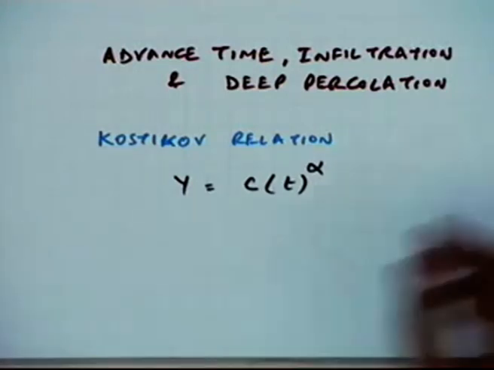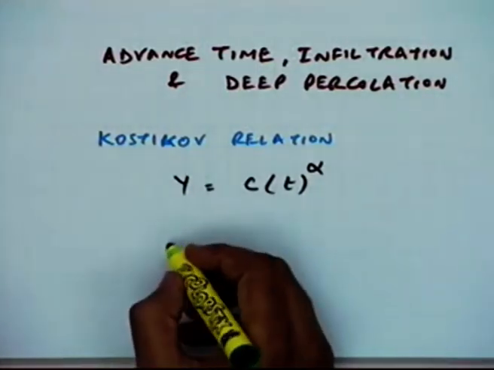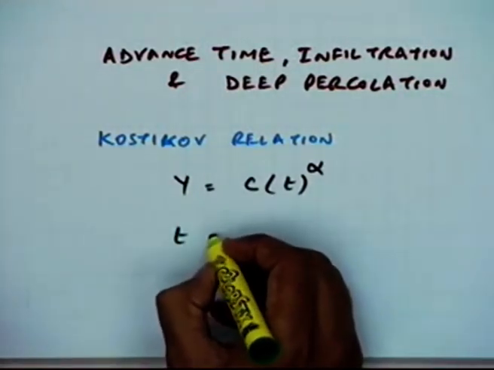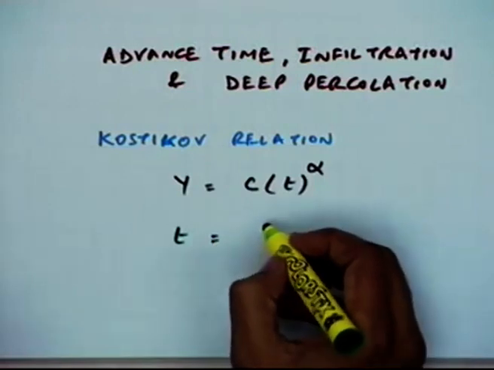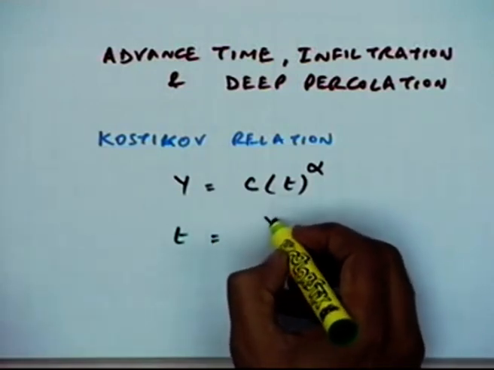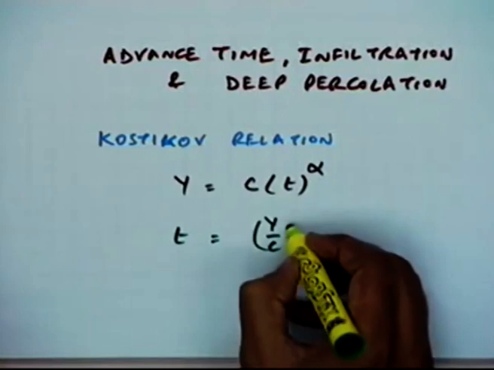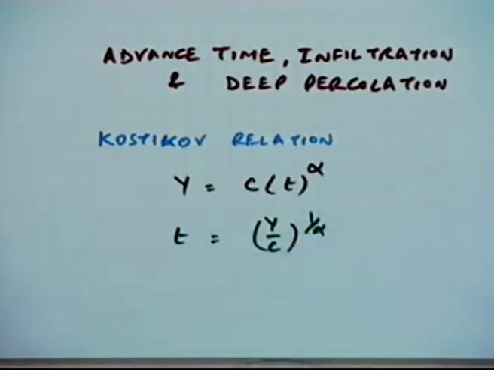In other words, if I write T, I can write this T in terms of y and these two parameters.